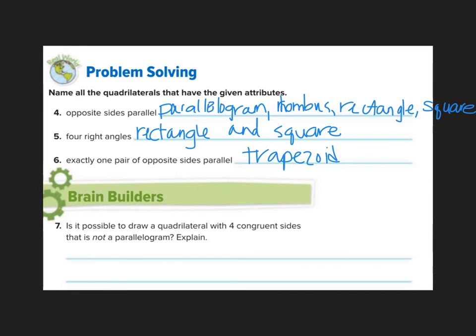Okay, is it possible to draw a quadrilateral with 4 congruent sides that is not a parallelogram? 4 equal sides that is not a parallelogram.